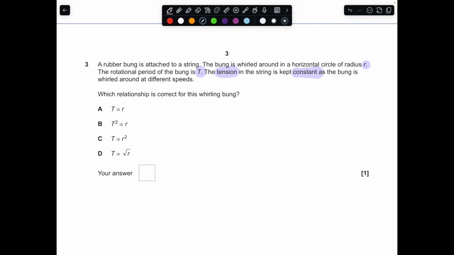We know that if you have circular motion of radius r, the centripetal force will be equal to tension. So tension will be equal to mv squared over r.